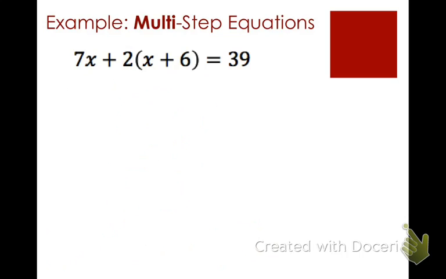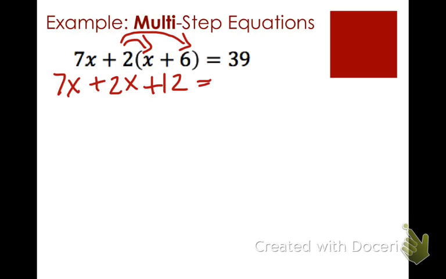Another example for you. Notice this time, before we can combine any like terms, we have to distribute. So I'm not ready to deal with the 7x yet, so I'm going to bring that down. And now I'm ready to distribute. So 2 times x gives me 2x, and 2 times 6 is 12. Equals 39.